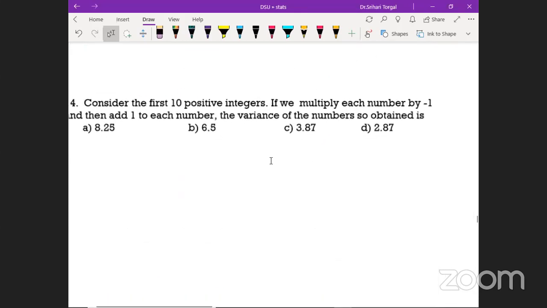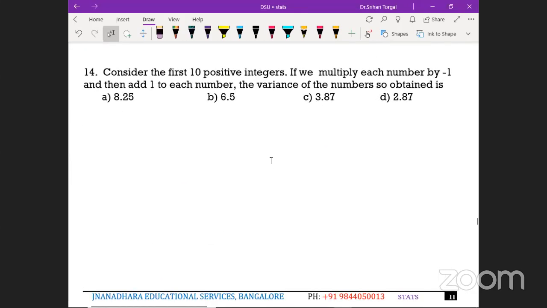Next. Consider the first 10 positive integers. If you multiply each number by -1 and then add 1 to each number, the variance of the numbers so obtained is?